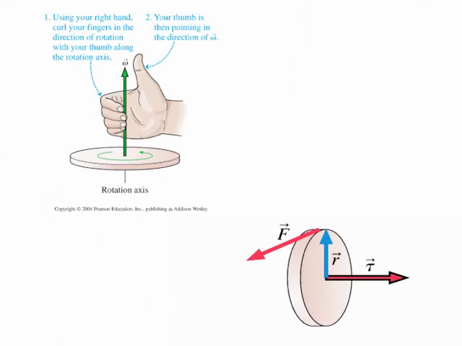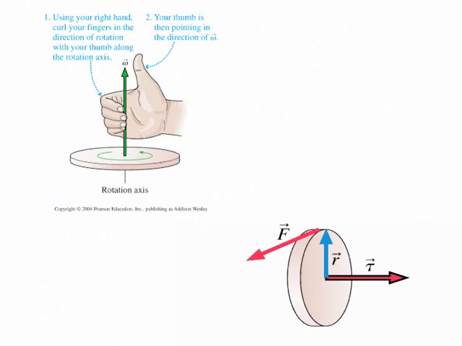These clockwise and counterclockwise directions of rotation, and of alpha and torque, are vectors. They actually have directions beyond just saying clockwise and counterclockwise. By convention, an object that is rotating in the way that your right hand curls, looking from above your right hand, as in the drawing.